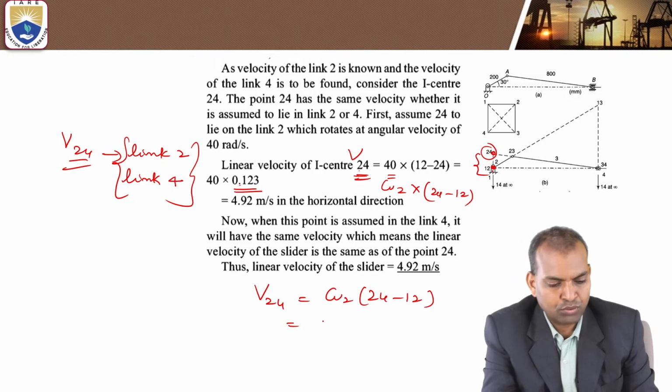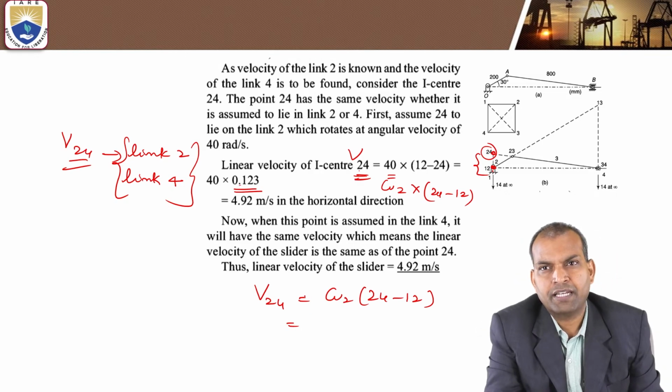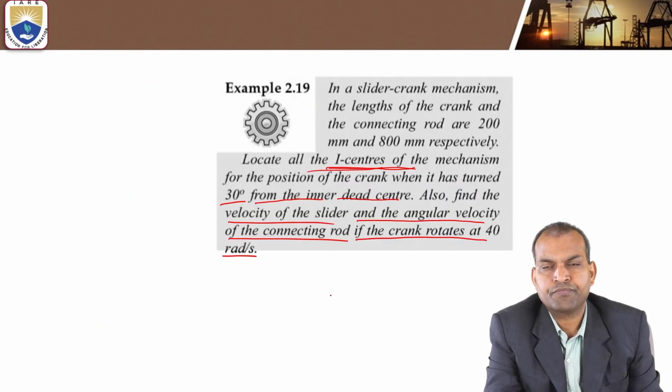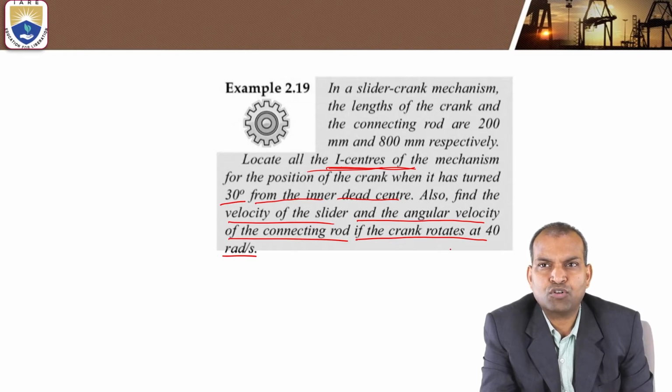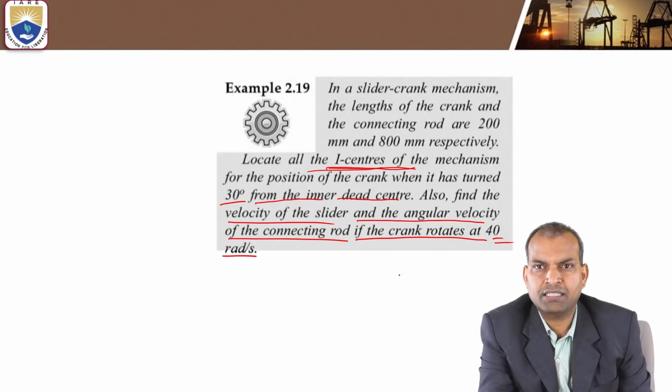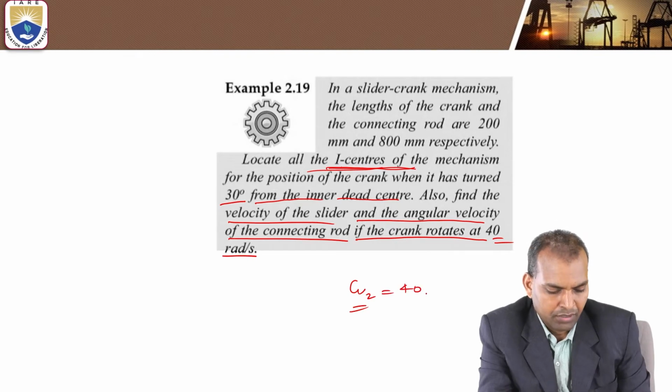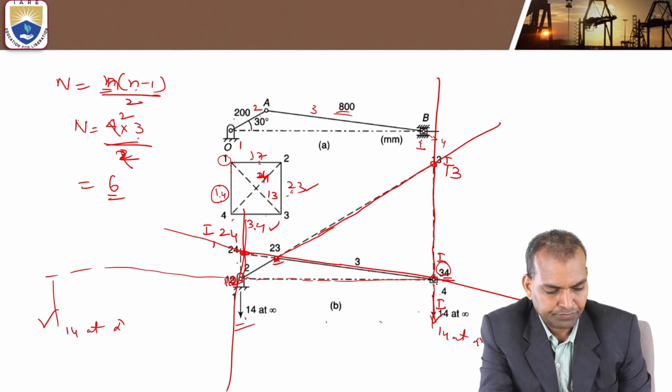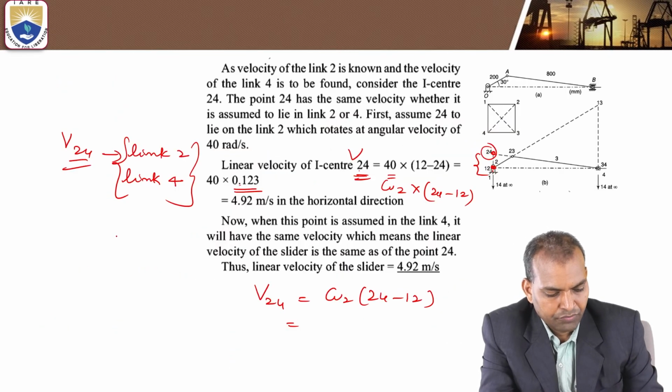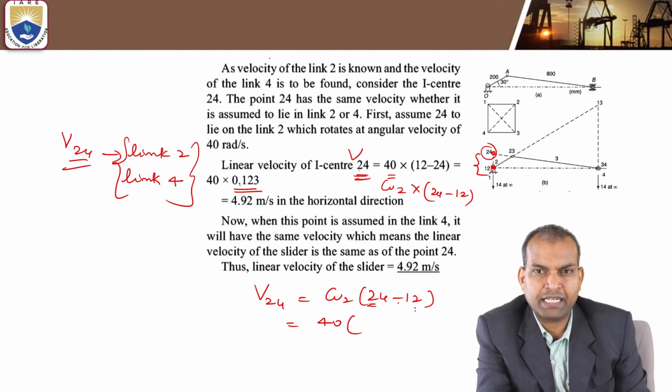What is omega 2? It is already mentioned in the problem: the crank rotates at 40 radians per second. That is omega 2, link 2, equal to 40 radians per second. Now, 24 to 12, how to get it?